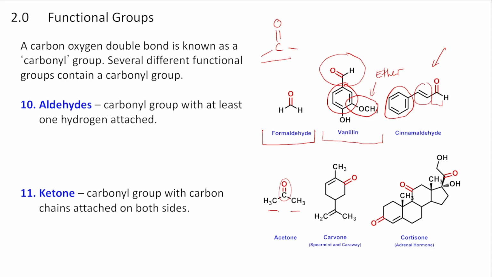A few more examples. We have carvone, which is a flavor compound in spearmint. And here's another example, which is a complex-looking molecule. Imagine what this would look like if it was a full Lewis structure and not a bond line structure. It would look a little crazy. This is called cortisone, and cortisone is a hormone in the human body.